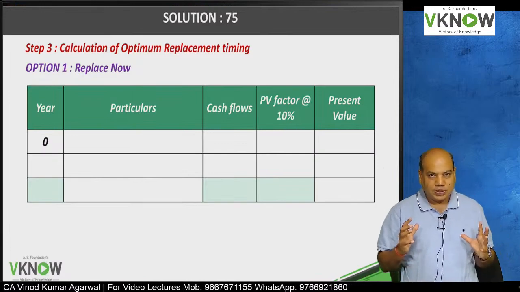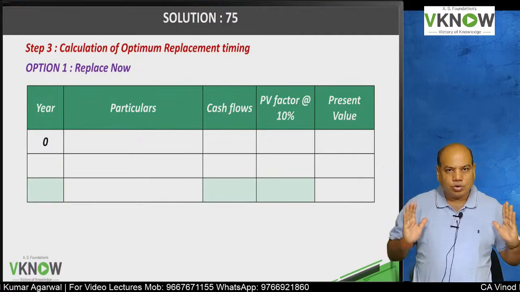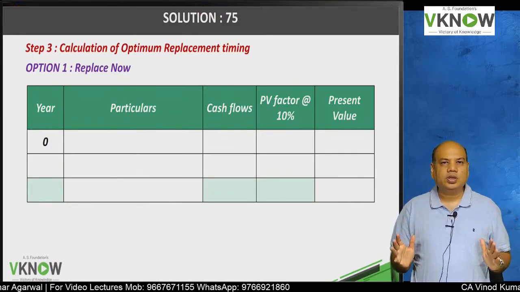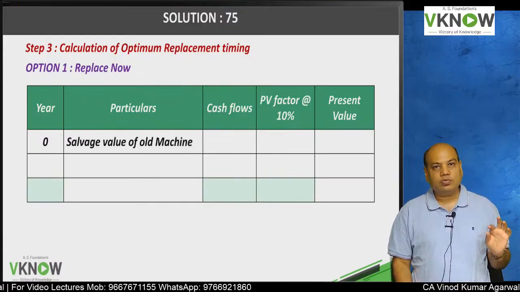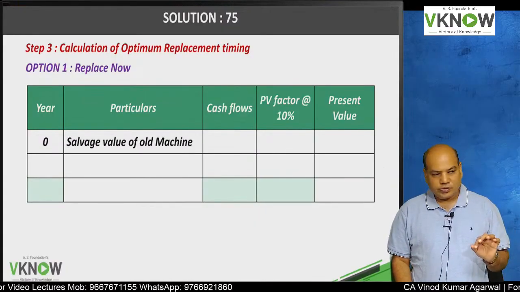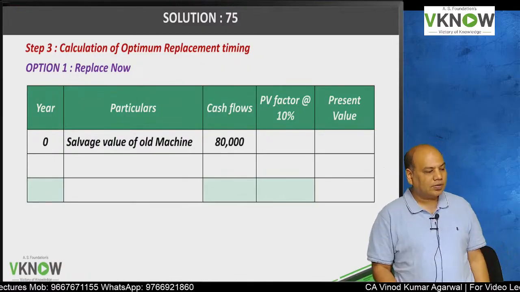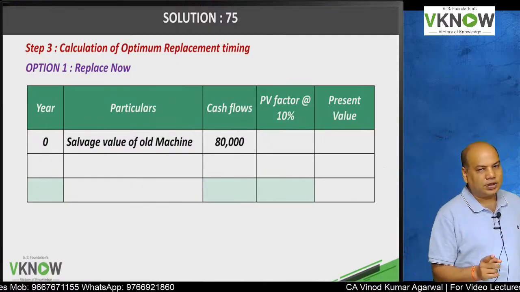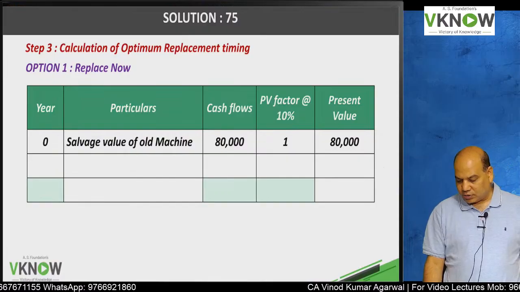If you replace now, for the next 2 years, what would be the cash flow? The old asset will be sold now and give you salvage value today. Salvage value of the old asset is 80,000, and the present value is 80,000.